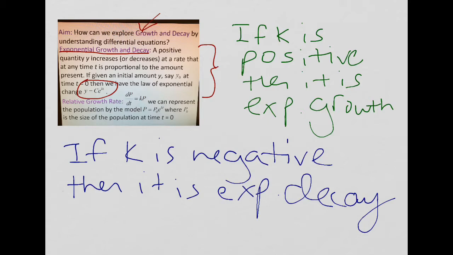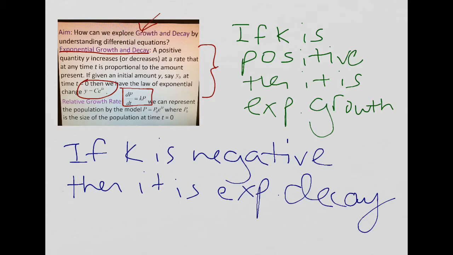All right, so sometimes we have a differential equation, and it's in the form of what we call relative growth rate. Particularly, P is usually our population. So we have dP over dt is equal to k times P. This is what we were working with in yesterday's example.